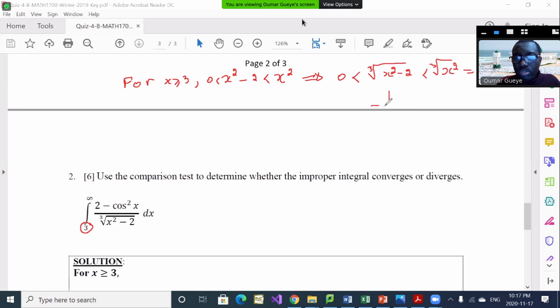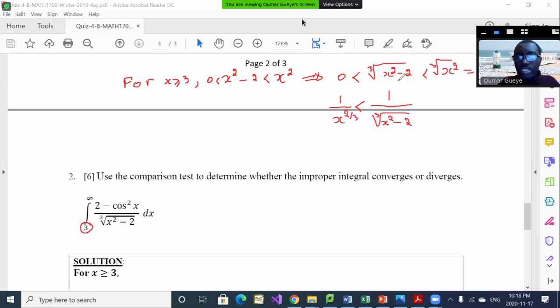So this means 1 over the cubic root of x squared minus 2. This is going to be greater than 1 over this, because when you take the inverse, as I told you, we did one example before.